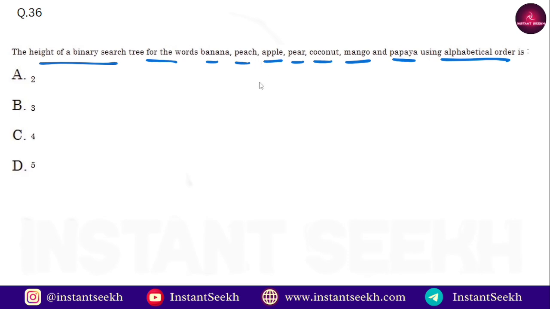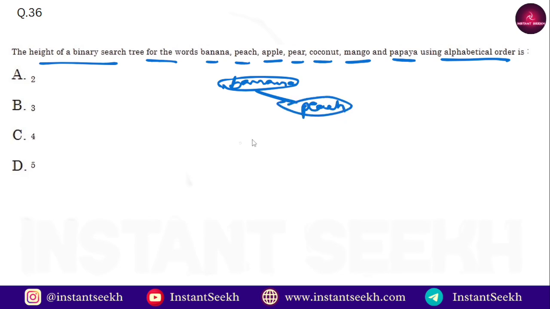So first we added the word banana here. After that, height equal to 0 since it is the only node, and root. Insert peach. So peach we have inserted now.